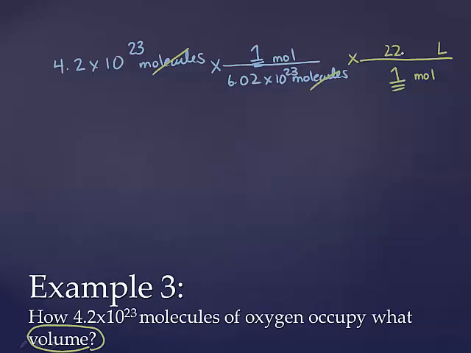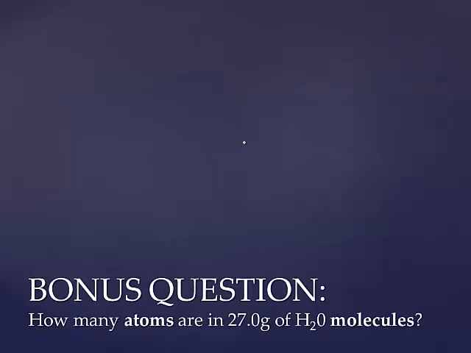It's 22.4 liters. Putting that into my calculator, you should get 16 liters. Notice there's only 2 sig figs in my starting number, so I should only have 2 sig figs in my final answer.